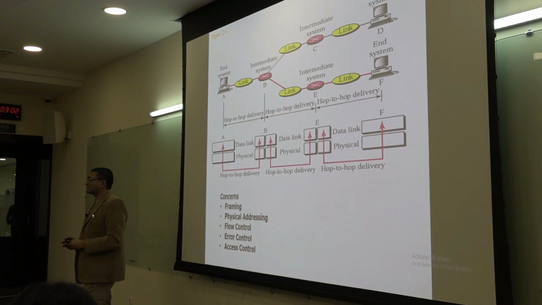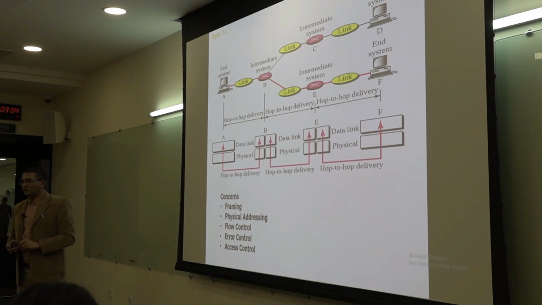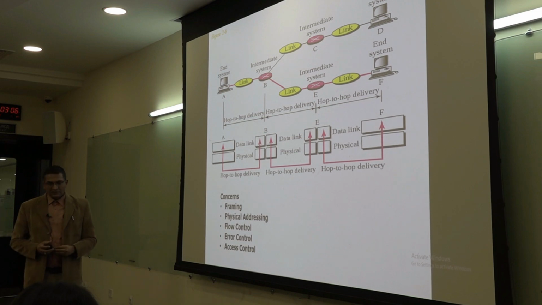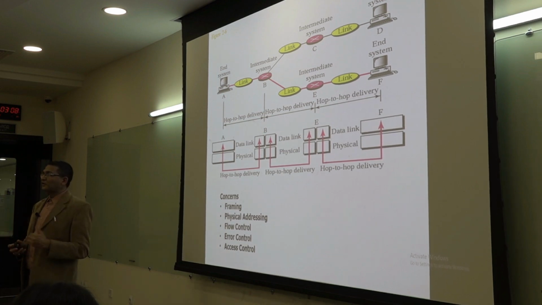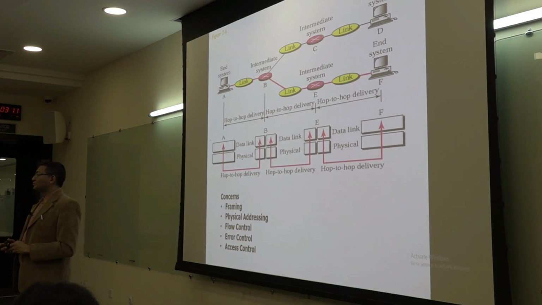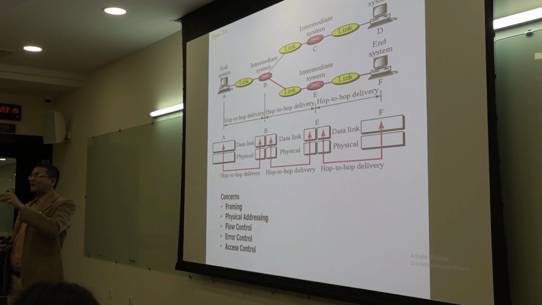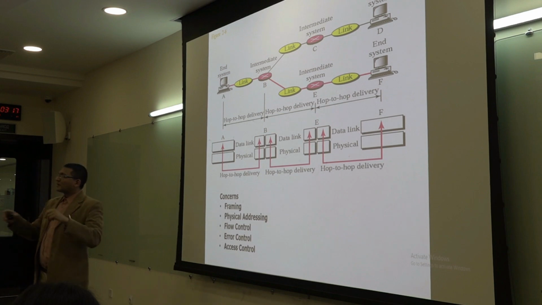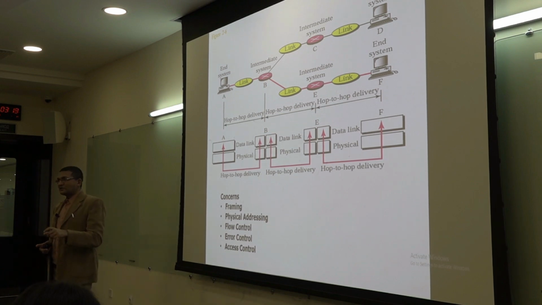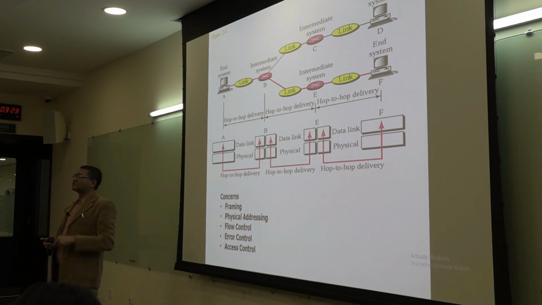And then comes the access control. Access control means this is the responsibility of the data link layer to identify which resource will get the access if there is a multi-point connection. If one channel is shared by multiple devices, then who will get the access to the channel?